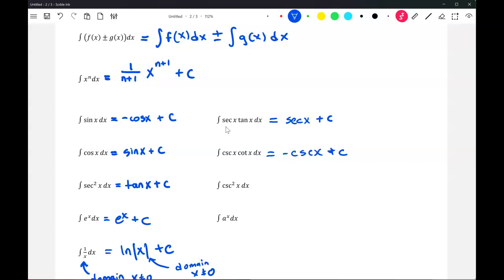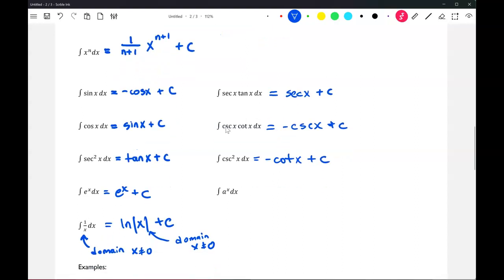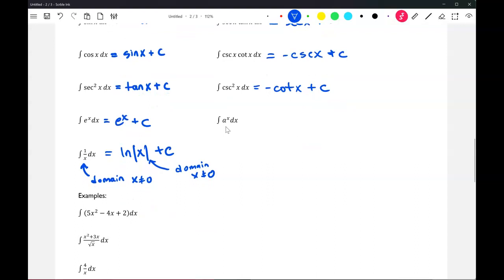Whose derivative is cosecant squared? That is negative cotangent. And finally, our last rule for now; we'll have plenty of rules just like we did for derivatives. Whose derivative is a to the x? Well, normally that's just a to the x, but if you recall, d/dx of a to the x power is ln of a times a to the x.